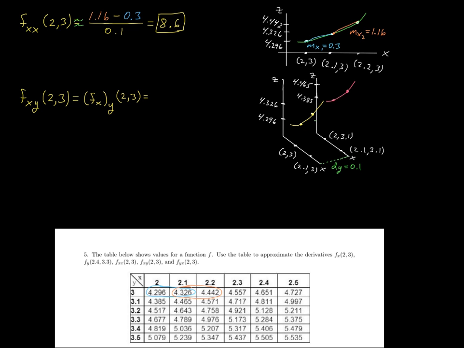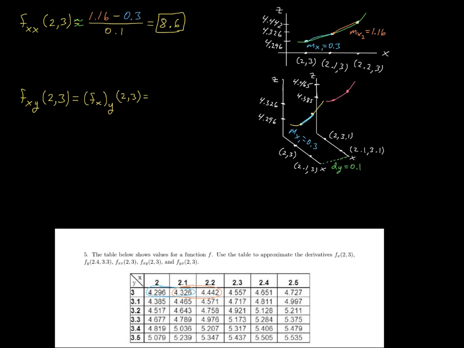Here we are at the point 2, 3. If I measure the slope in the x direction from 2, 3 to 2.13, this is just going to be this same blue slope up here, which I'll call mx1. This is still 0.3, and that corresponds to just these two points on our table.